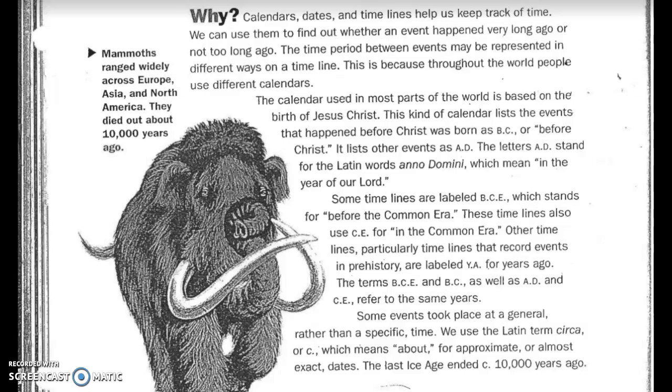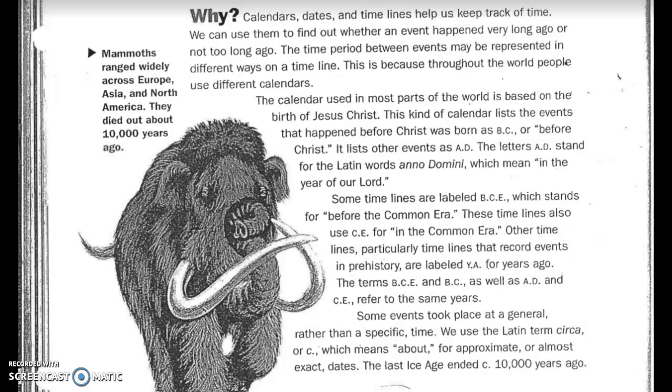The time period between events may be represented in different ways on a timeline. This is because throughout the world, people use different calendars. The calendar used in most parts of the world is based on the birth of Jesus Christ.